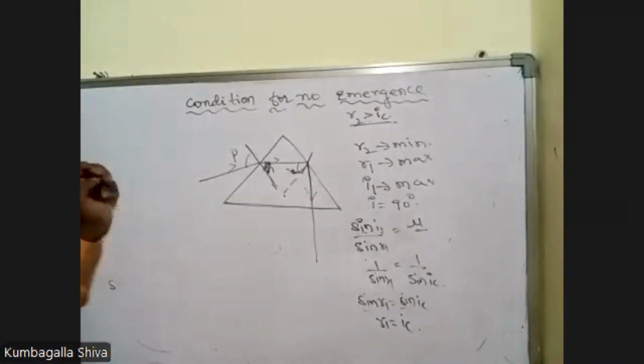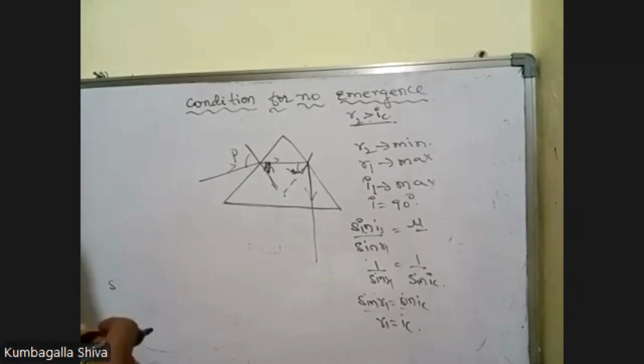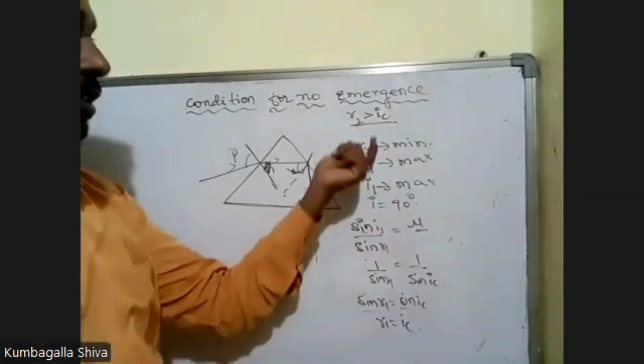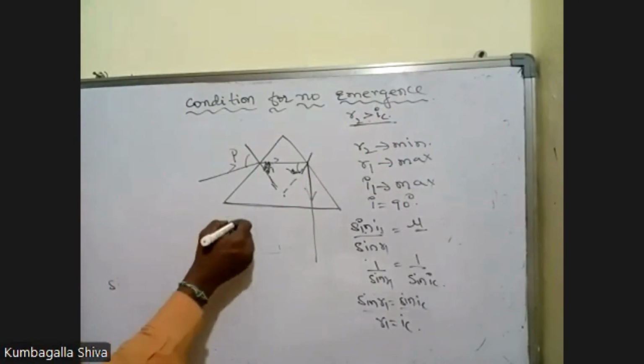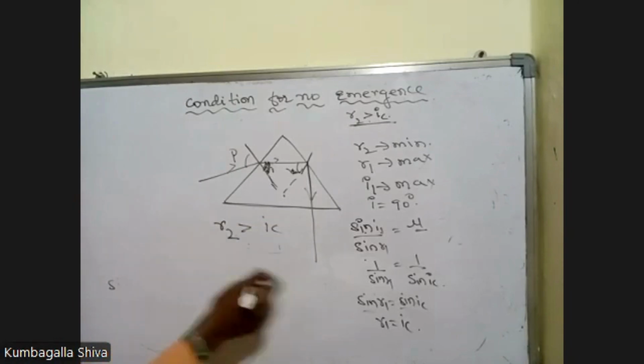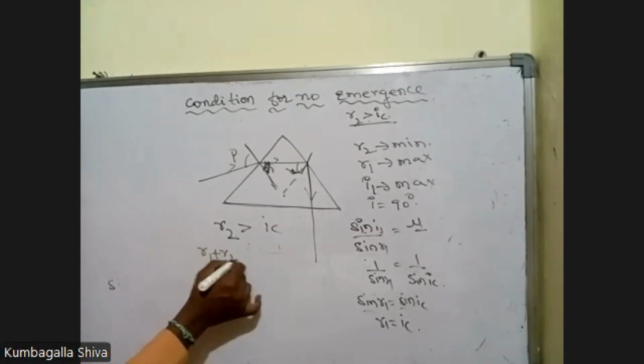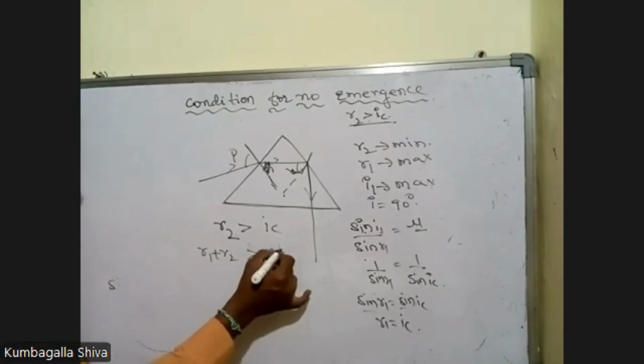Now, we already confirmed that R2 is greater than IC. I add R1 to both sides: R1 plus R2 is greater than R1 plus IC.